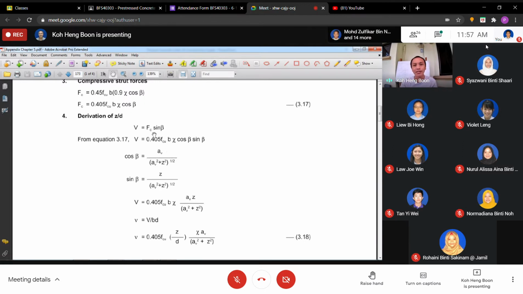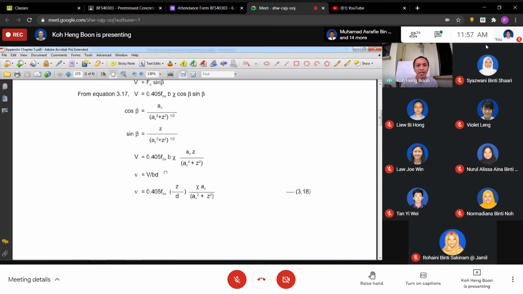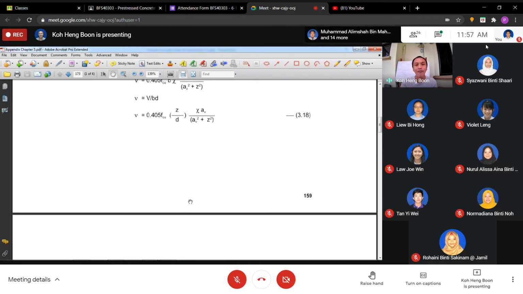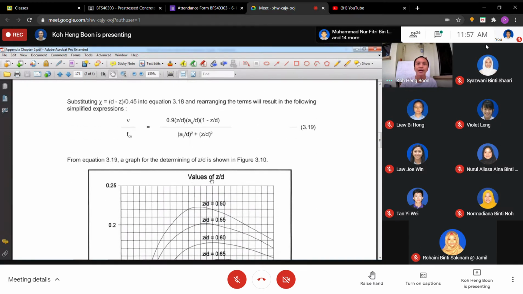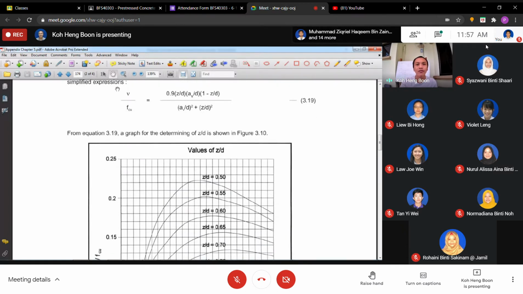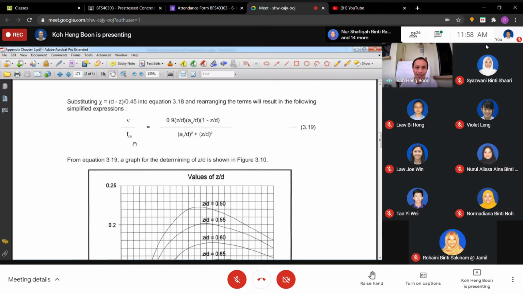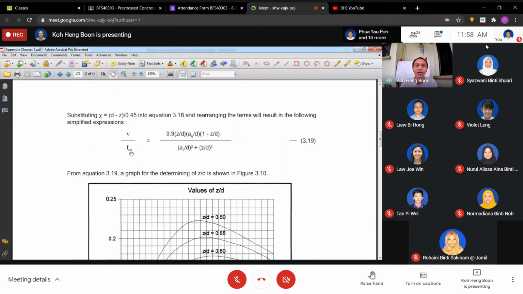At the end of the derivation, we get what we want: an equation for V over FCU in terms of AV, Z and D. Like in your case, you can base on V over FCK to derive V over FCK.